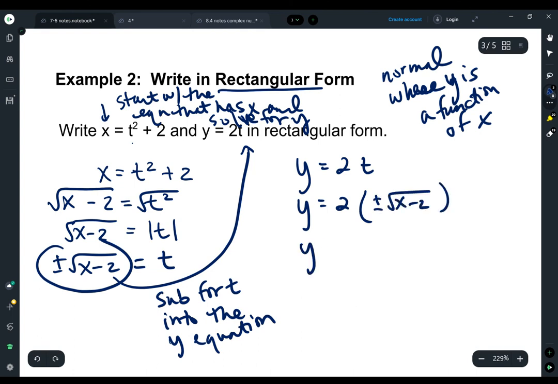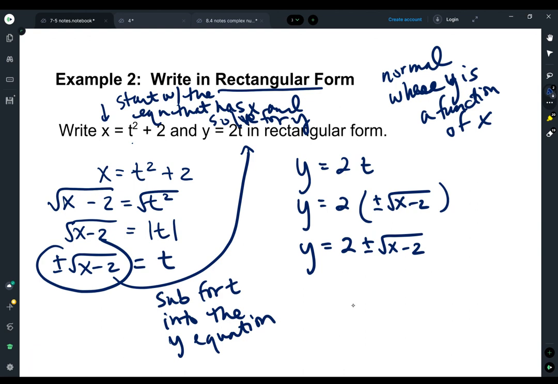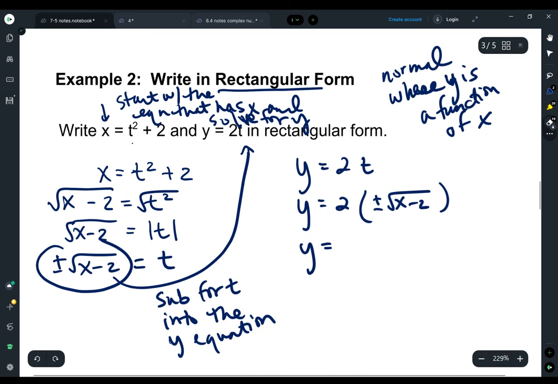I'm seeing on a lot of papers right now when people multiply, they're writing 2 plus or minus the square root of x minus 2. That's not multiplication. That's adding and subtracting. This shows me 2 is being added or subtracted from that root. And that's not what I wanted. I wanted to multiply those two together. So when we multiply, it might help to think of there being a 1 here. And so the 2 is getting multiplied by that 1.